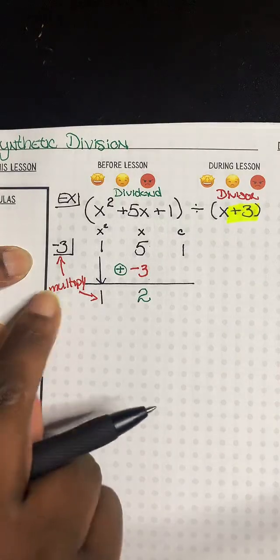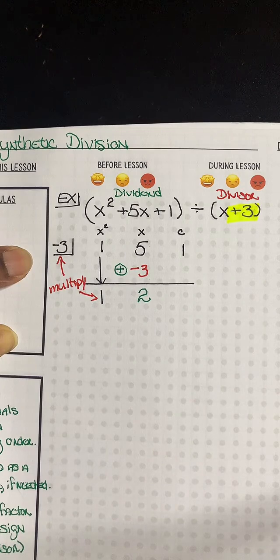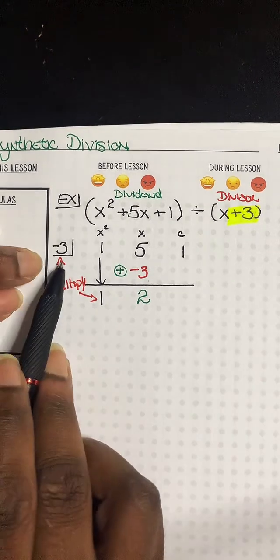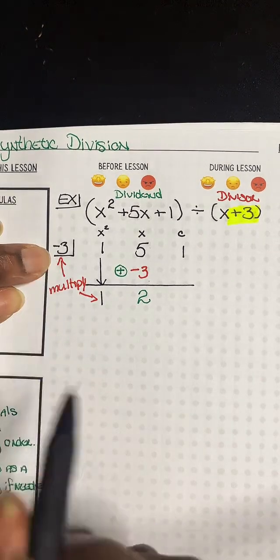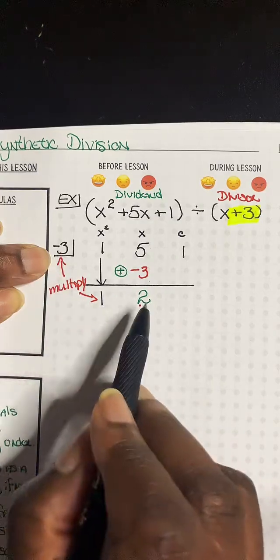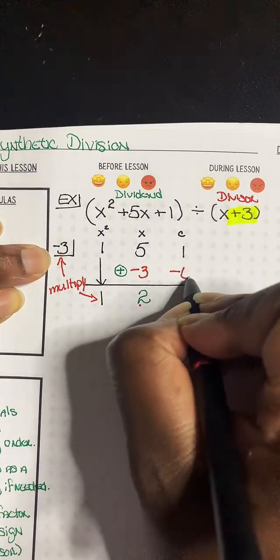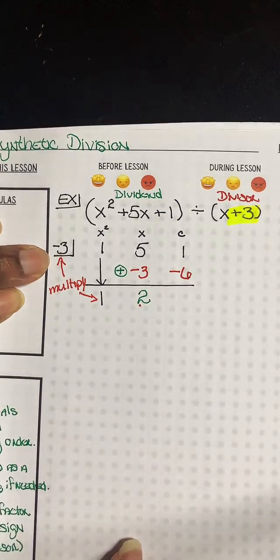So now you're going to repeat that multiplying process again. But this time you're going to multiply negative 3 with 2. So negative 3 times 2 gives me a negative 6.